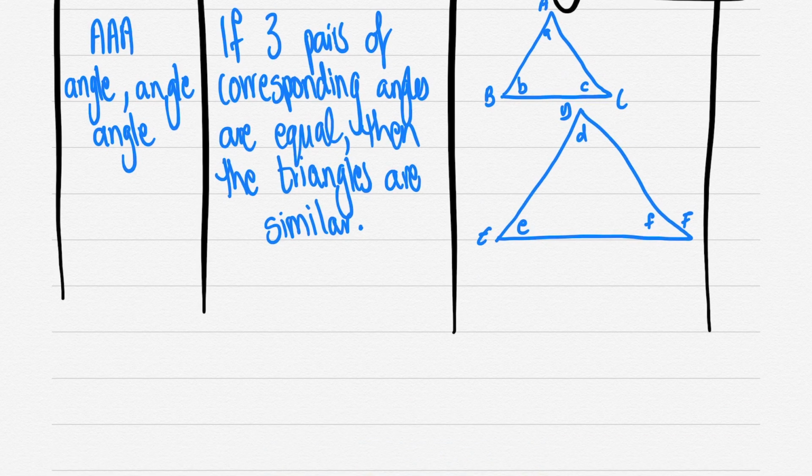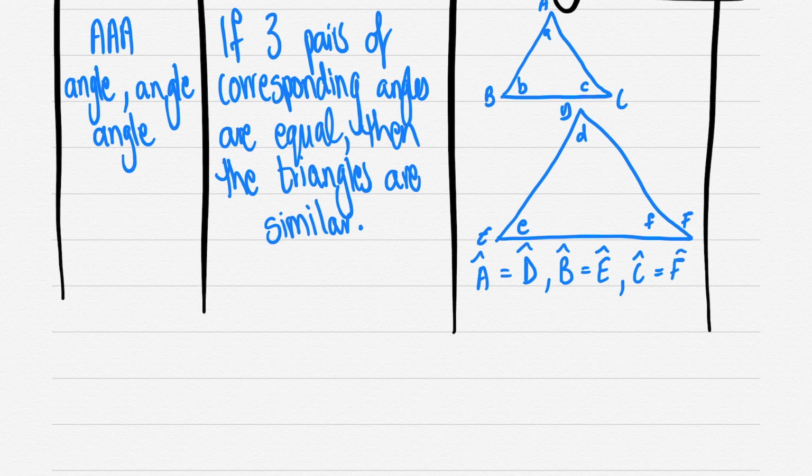Your angles A, B, C need to be the same size as angles D, E, and F. So as you can see, I've labeled the A and the D with hats on top, showing that they are the same angles. Now I've used the capital letter A, as I generally like to use the capitals. However, in this particular set of diagrams, you should actually be using the lowercase letters.